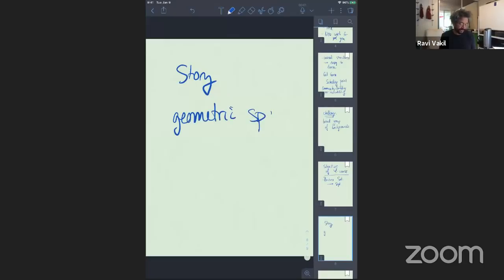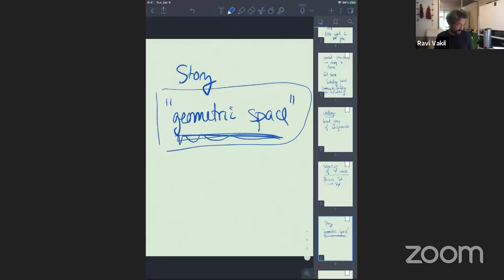There are various things we think of intuitively as a geometric space, and this could be things like a variety or a manifold or even a topological space, or if you're very fancy, it can be an algebraic space. If you're super fancy, it can be a stack. And we want to figure out what is the common way we use to talk about such things, and it'll be as a ringed space.